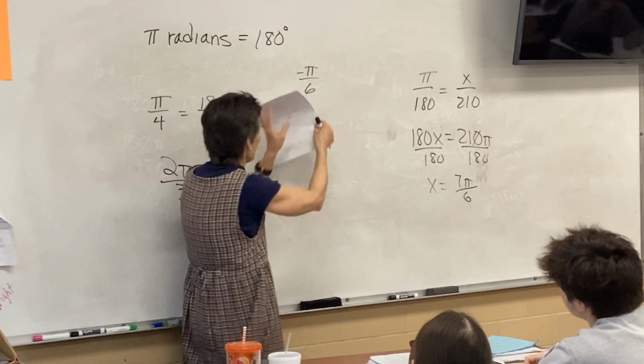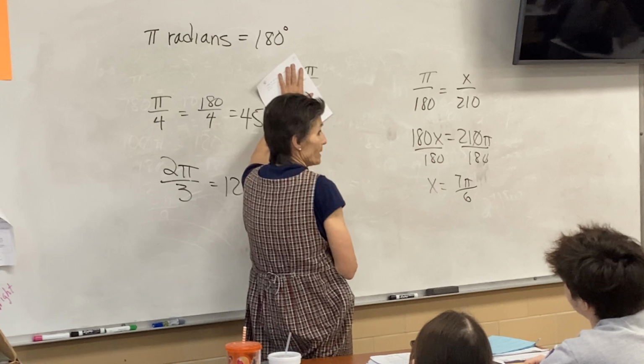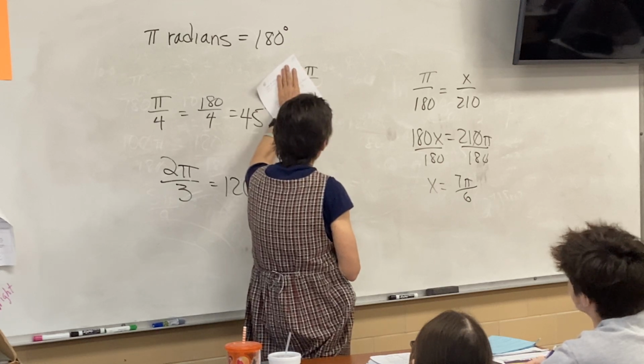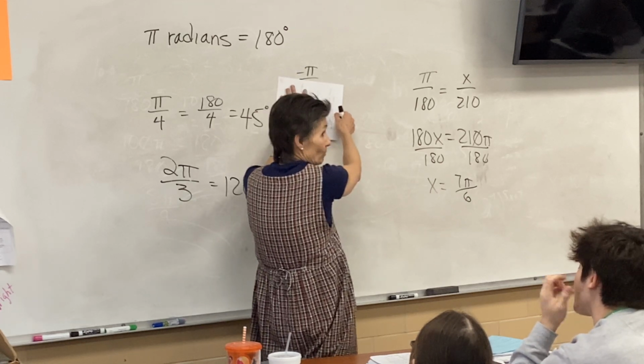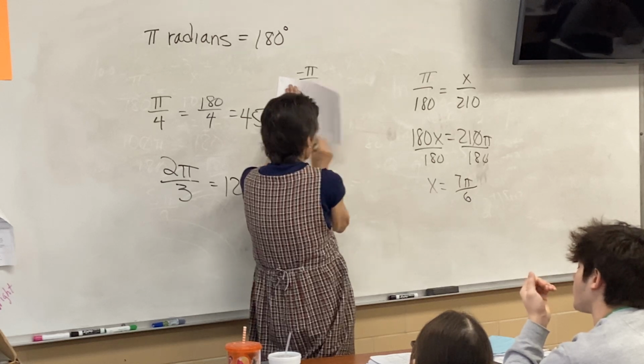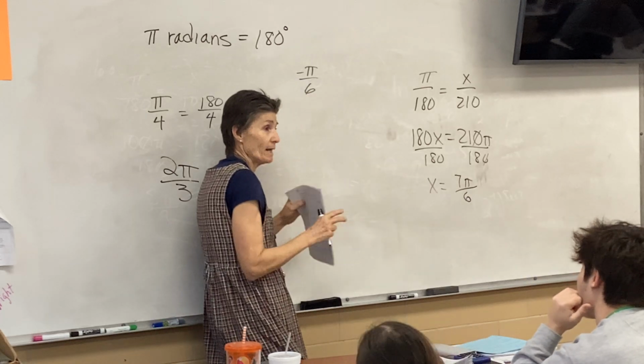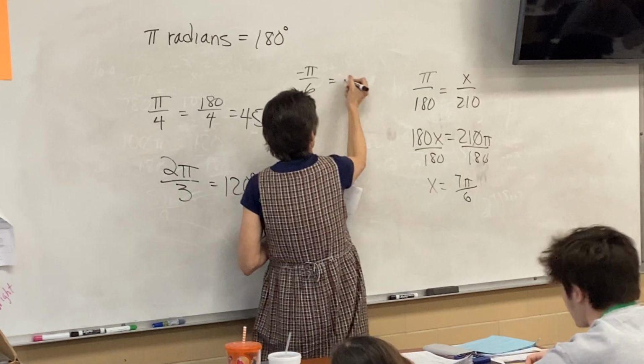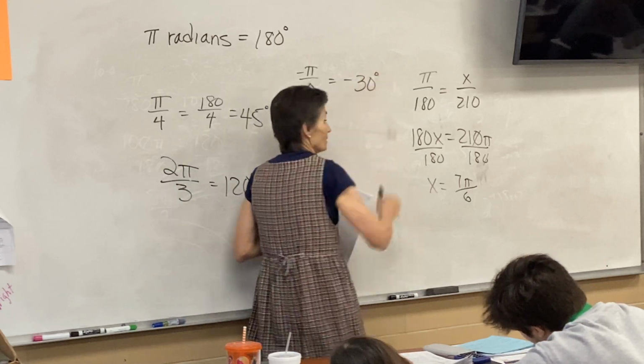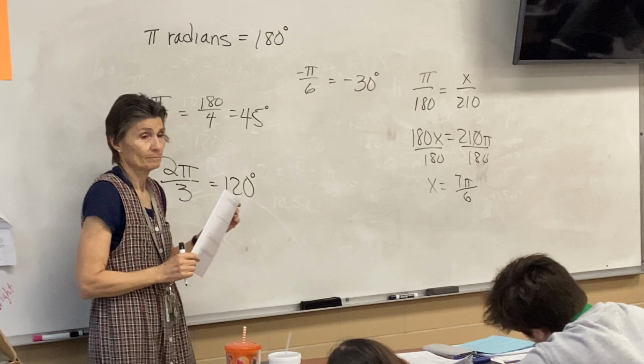Well, what's pi? 180. Negative pi then would be negative 180 divided by 6. What's negative 180 divided by 6? Yeah, negative 30.